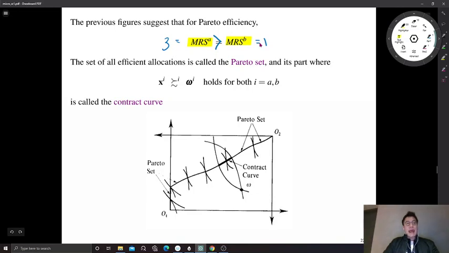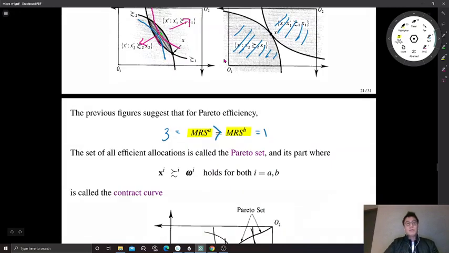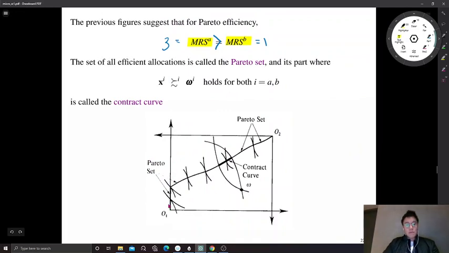And then two more things about this Pareto efficiency. The set of all efficient allocations is called the Pareto set. For Pareto efficiency, this allocation X should be a feasible allocation, some possible allocation we can obtain from exchange engaged by two people. So that means the set of all Pareto efficient allocations should be inside the box.